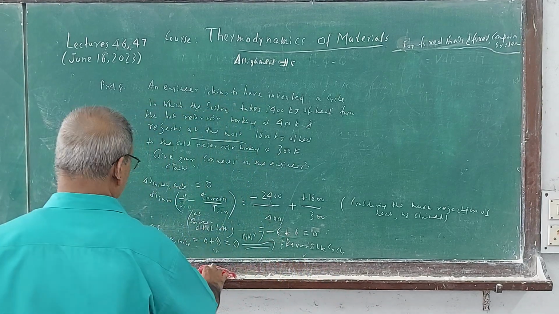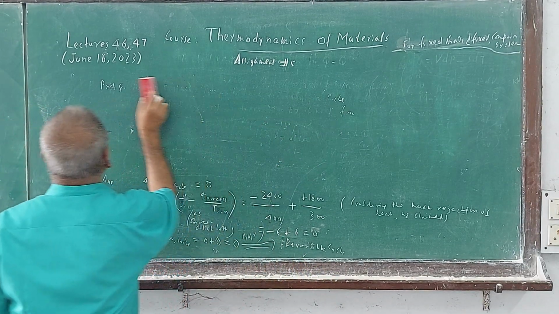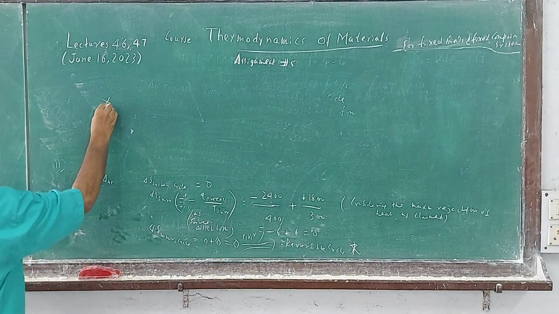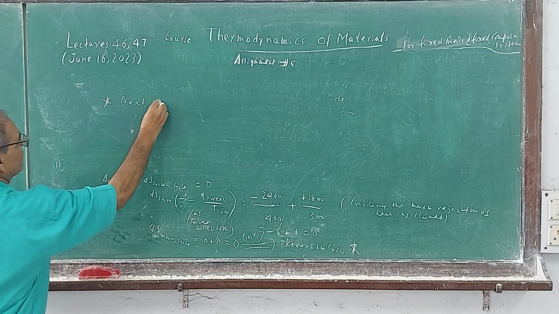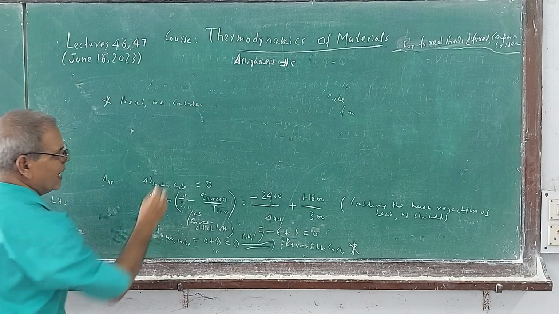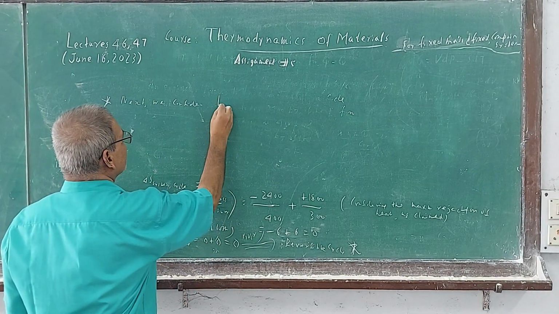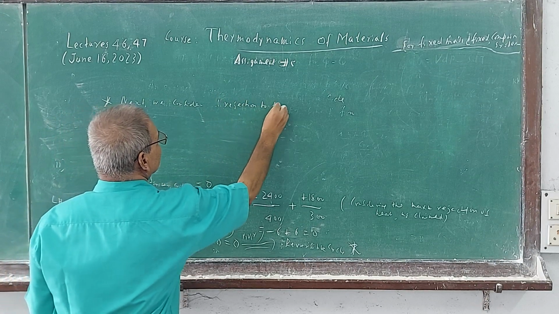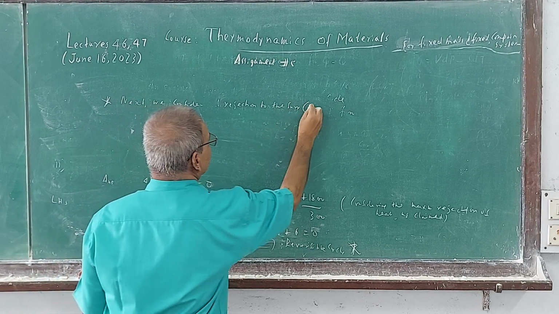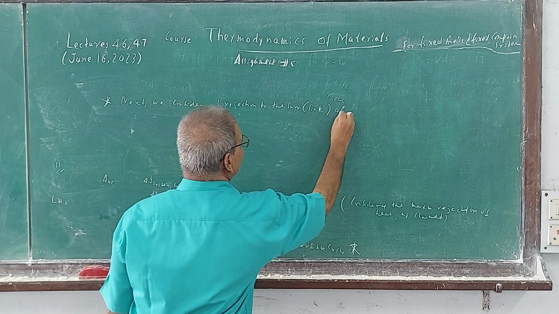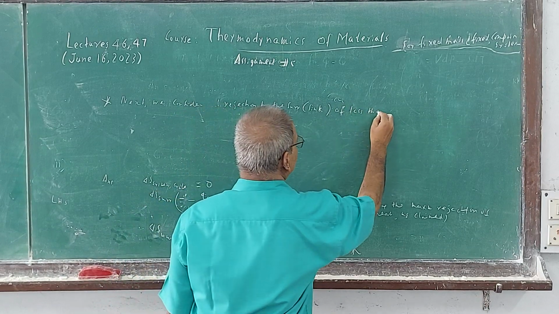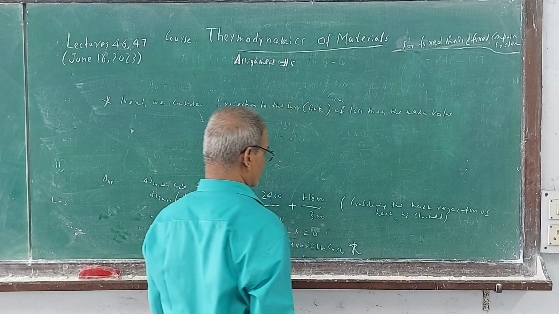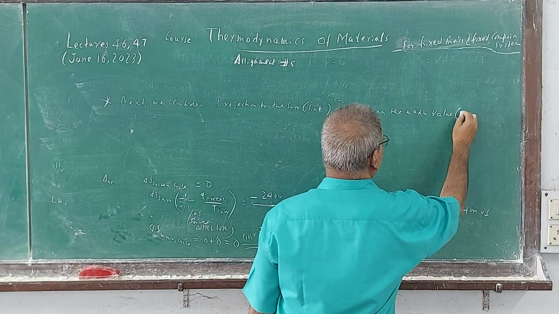Next, we consider rejection to the surrounding sink of less than the maximum value of 1800.